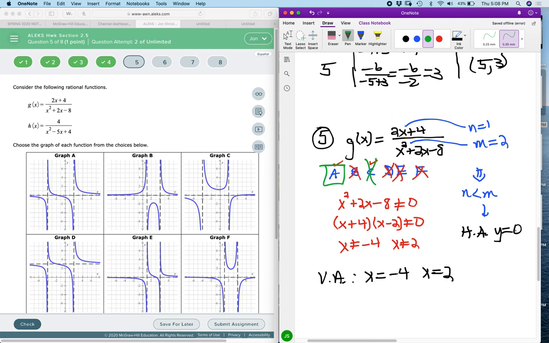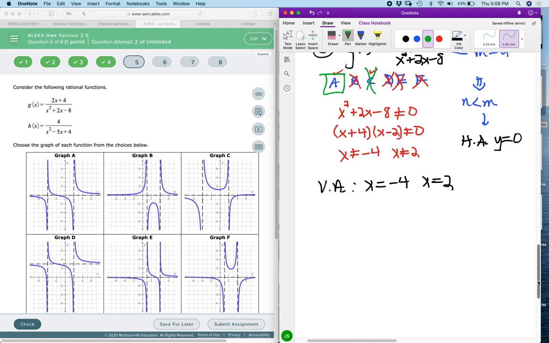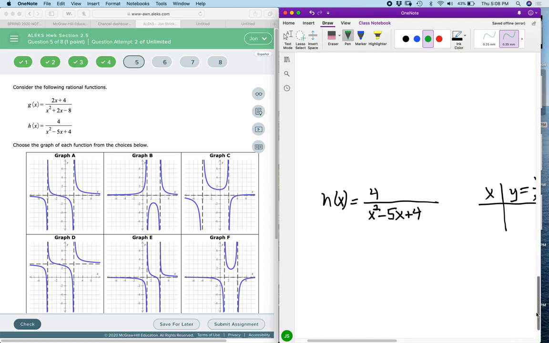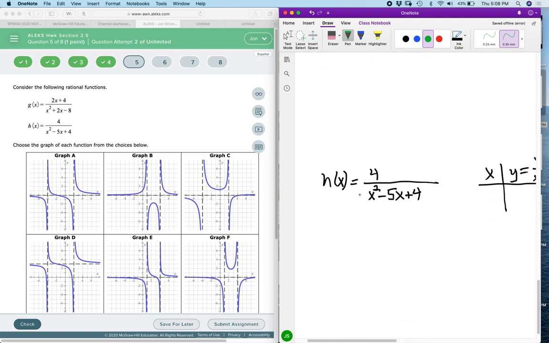All right, now for our function h of x, here we have 4 all over (x squared - 5x + 4). Looking at exclusions from the domain, x squared - 5x + 4 cannot be 0.